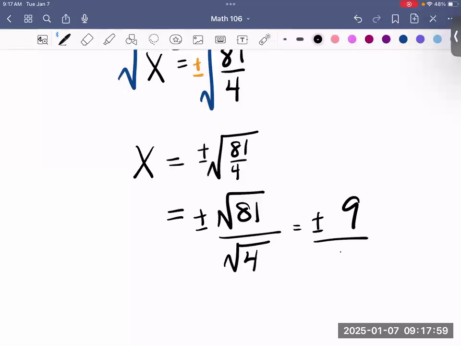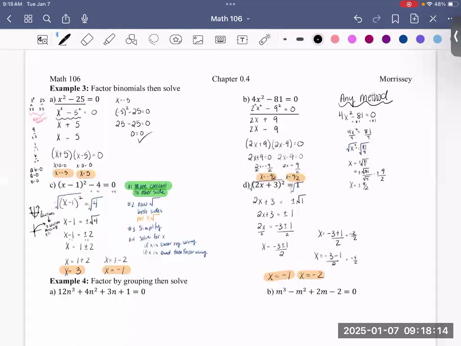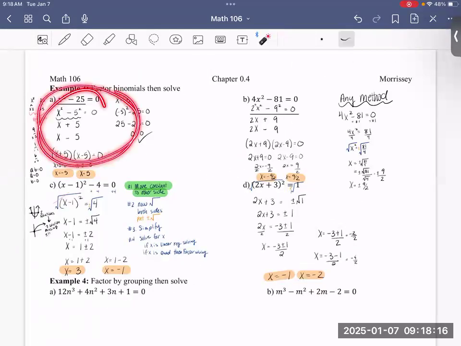The square root of 4 is 2. And you have your plus or minus sign. So your answer here is just x is equal to plus or minus 9 over 2. And it's okay to leave it in this form. If you want to separate it, that's totally fine. And you can do that again in this form for 25. Drag over 25, square root both sides, plus or minus 5.